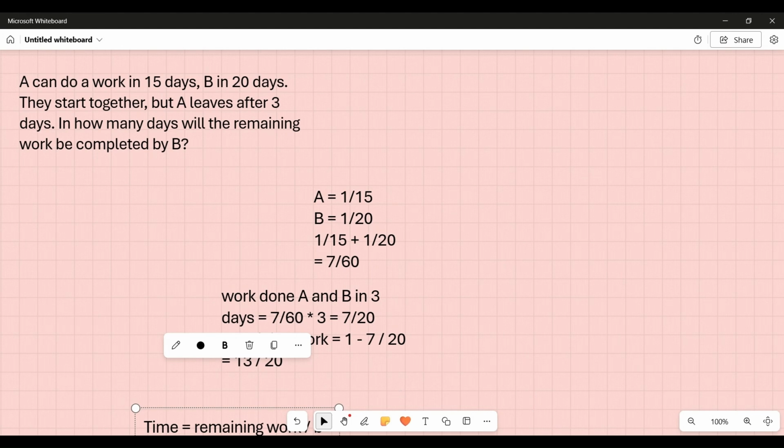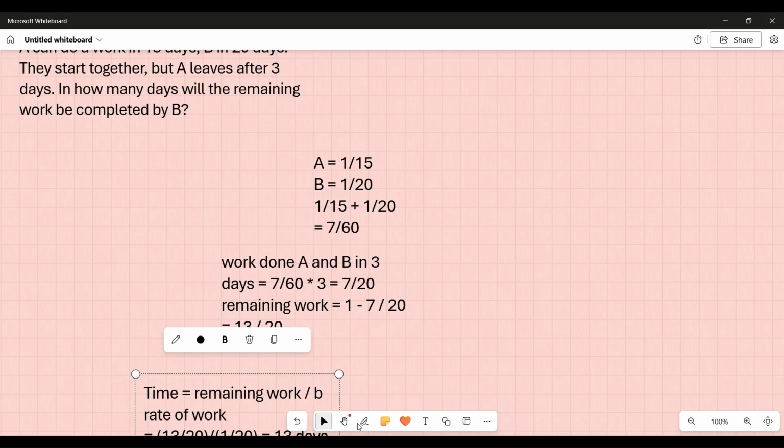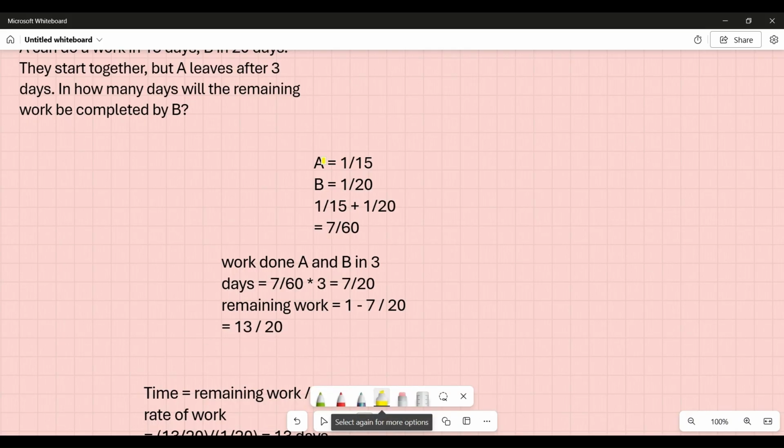Let's summarize what we have done. First we calculated the amount of work done by both A and B on a particular day. For A it is 1 upon 15 and for B it is 1 upon 20. After that we calculated the total work done by both A and B on a particular day. So we added 1 upon 15 plus 1 upon 20.